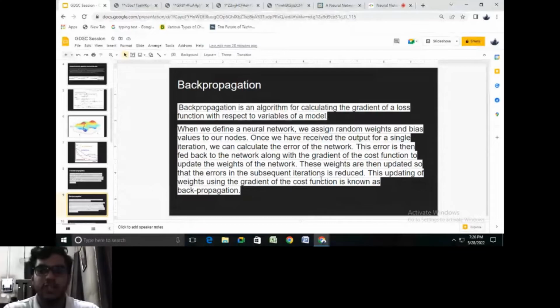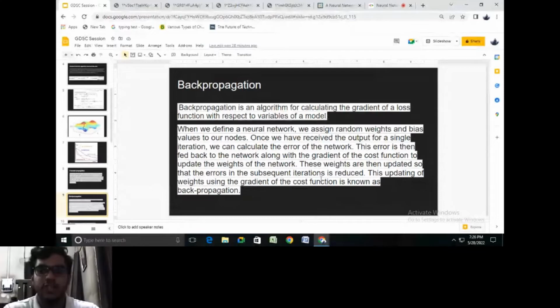This is essentially what happens when we say the machine is learning. So in this process of updating the weights using the gradient of the cost function, this is known as the back propagation process.